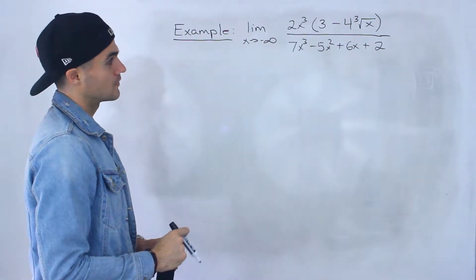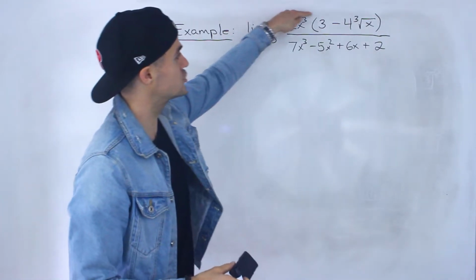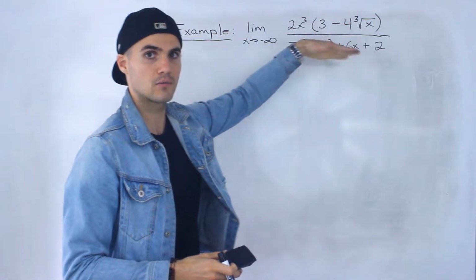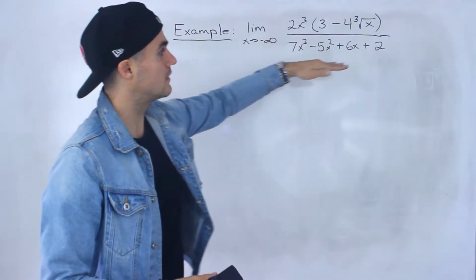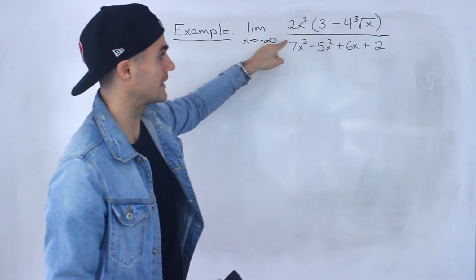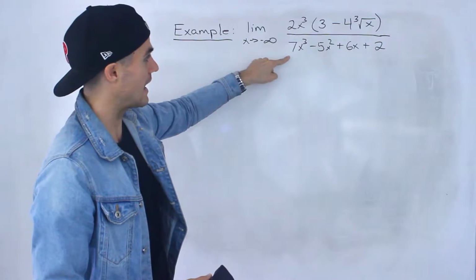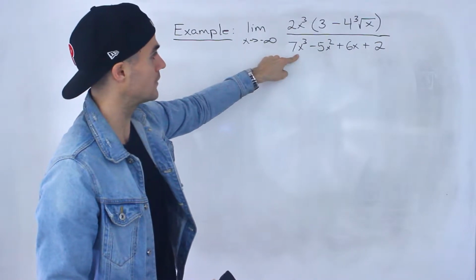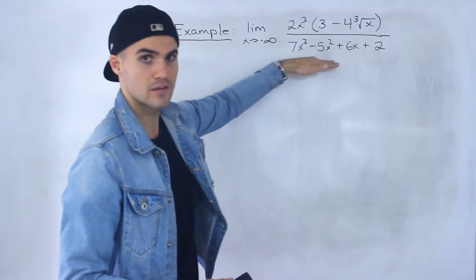A couple of different ways to do this. With limits at infinity, you always want to divide all the terms by x to the power of the highest exponent in the denominator. The highest exponent in the denominator is x to the power 3, so we can divide everything by x to the power 3.